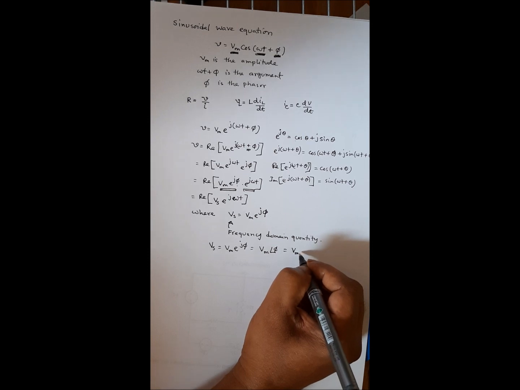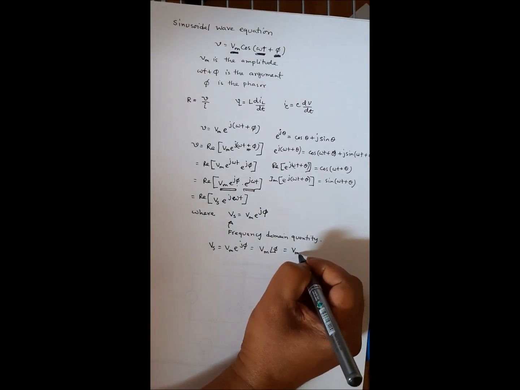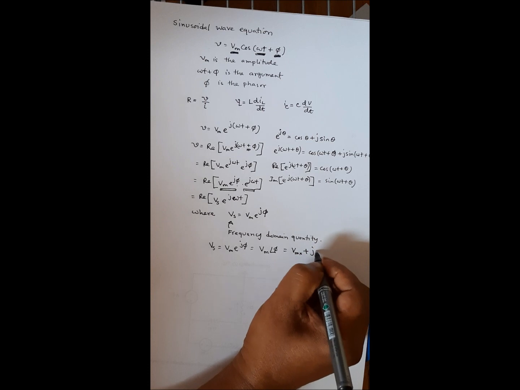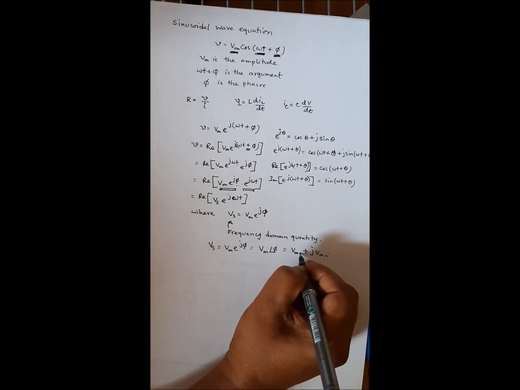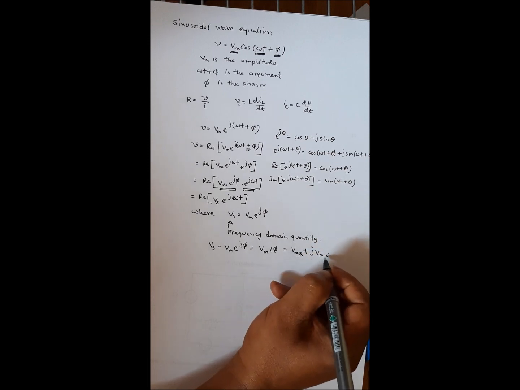So you can write Vm x, the real part, plus j of Vm y, the imaginary part. So this will be the real part and the imaginary part. This is how we can convert a sinusoidal wave equation in the time domain to the frequency domain.